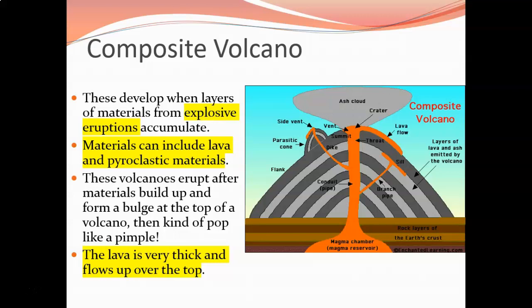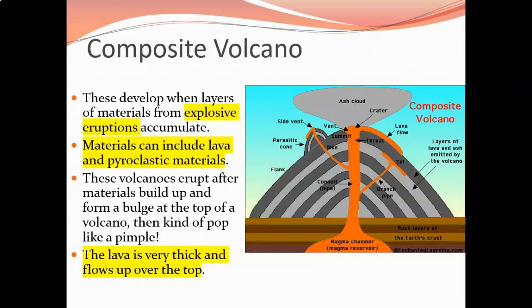The lava in a composite volcano is very thick and flows up out of the top of the volcano and then down over the edges. So it doesn't necessarily shoot way up into the air, even though it's kind of explosive. It might shoot a little bit. But the pyroclastic materials and ash and rocks tend to go up into the air.